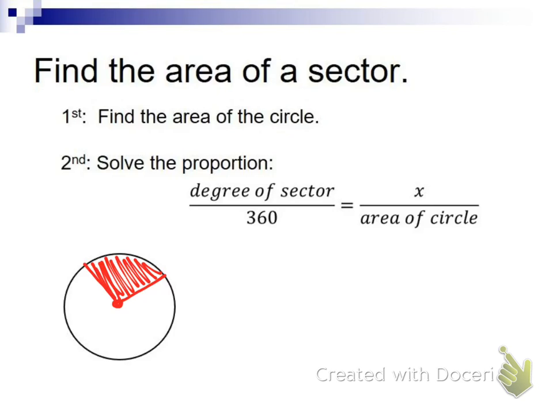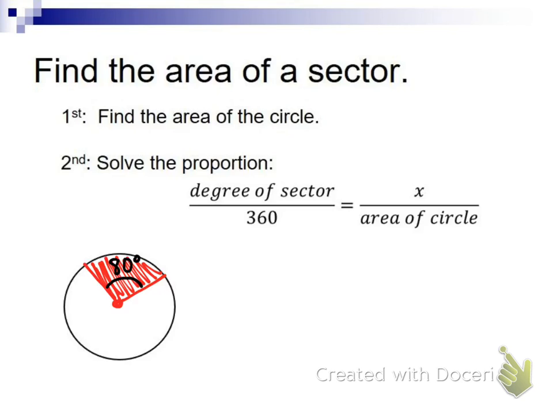The degree of it is going to be the measure of this angle here that I made. So for example, this could be like 80 degrees or something. You're going to have to be told the degree of the sector in order to be able to find its area. That is something that will be given to you.